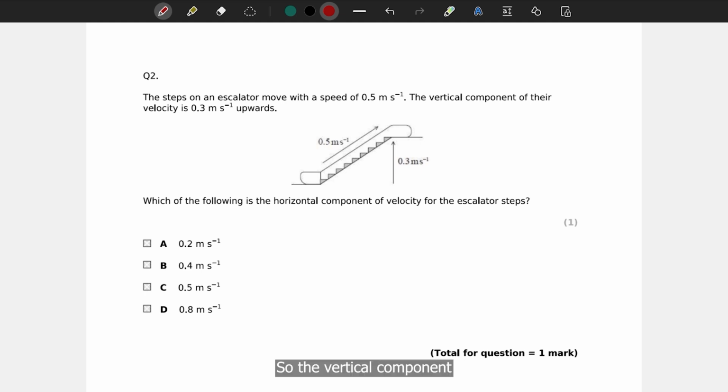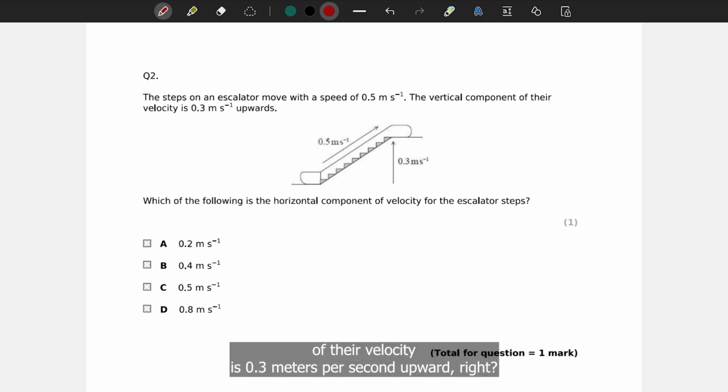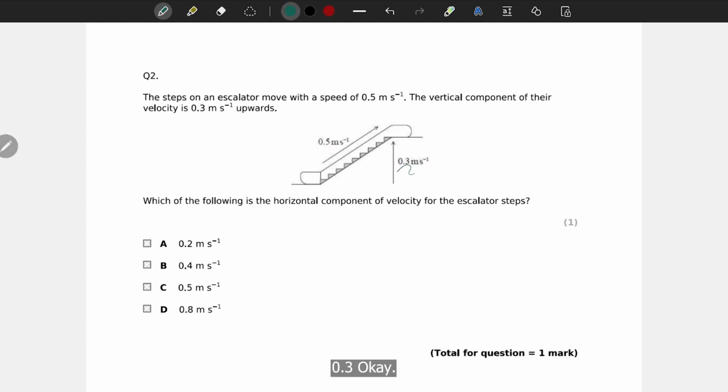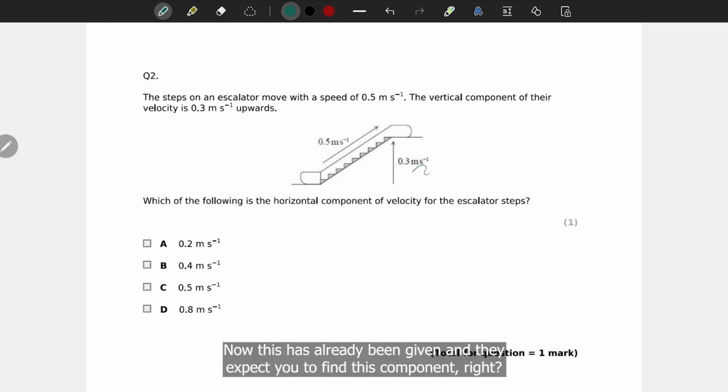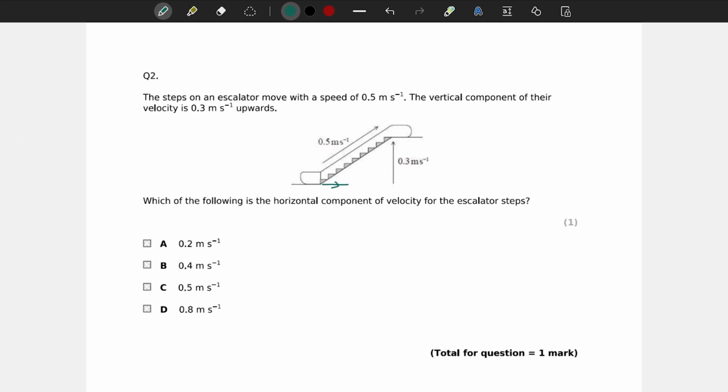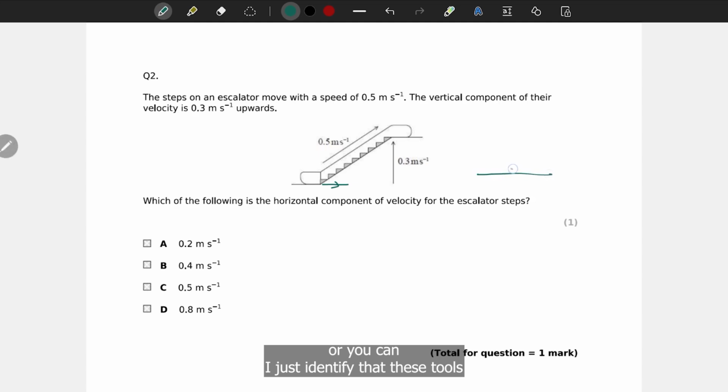So the vertical component of the velocity is 0.3 meters per second upwards, right? Okay, now this has already been given, and they expect you to find this component, right? So now when you resolve this component, you can just identify that these two combinedly produce the resultant.